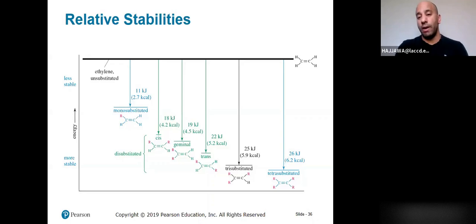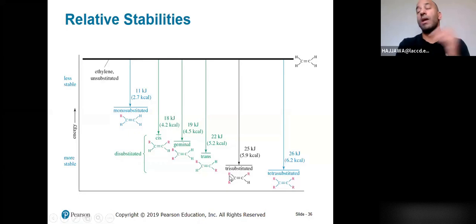Tetra-substituted is when you have 4 carbons attached to the alkene unit. Those 4 carbons being there make it the most stable alkene possible. What would be next? Tri-substituted, basically having 3 carbons attached. Whether it's methyl or ethyl or anything, the fact that there are 3 carbons attached makes it tri-substituted.